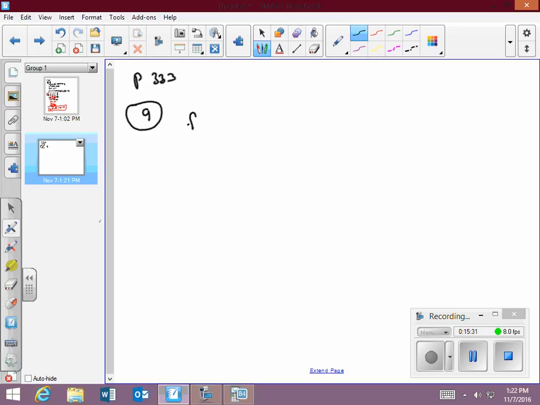So f of x is equal to x squared minus x minus 12 all over x squared plus x minus 6. I'll ask for vertical, horizontal, and slant asymptotes.